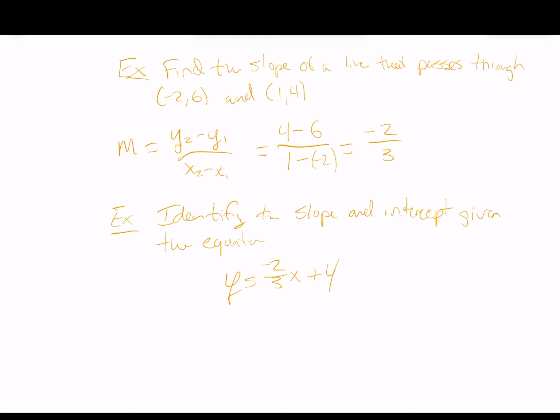What is our slope in this case? Well, remember, the slope-intercept form is y is equal to m times x plus b, where m is the slope and b is the intercept.